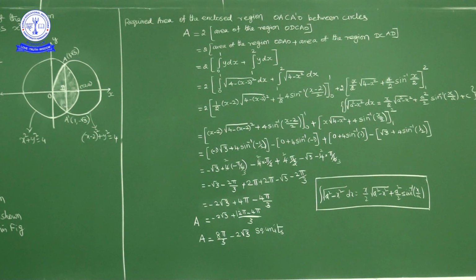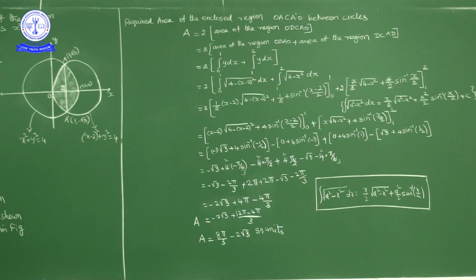Now if you observe here, we have minus root 3 minus root 3, that is minus 2 root 3. 2 pi plus 2 pi is 4 pi, minus 2 pi by 3 minus 2 pi by 3, that is 4 pi by 3. So 4 pi minus 4 pi by 3, LCM if you take 3, 12 pi minus 4 pi, 8 pi by 3. So 8 pi by 3 minus 2 root 3 square units.